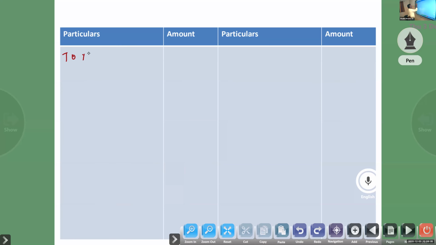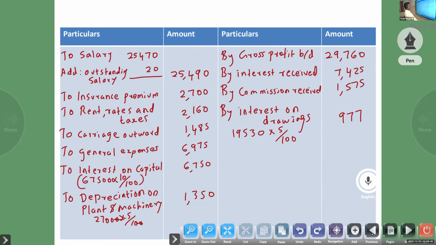To new provision for doubtful debts, 5% is given, on debtors of 36,000. So 1,800. So over. No manager's commission, nothing.